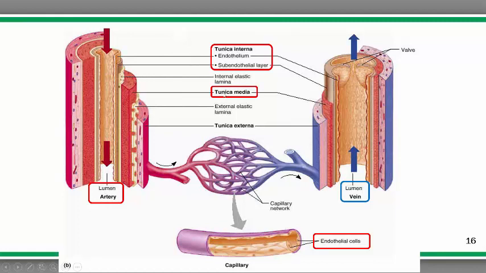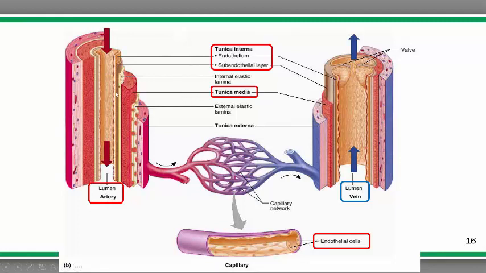A major difference between arteries and veins is the tunica media, which is composed of a relatively thick layer of smooth muscle that we see in arteries and a very thin layer found in veins. In fact, some veins in the body are devoid of this smooth muscle.